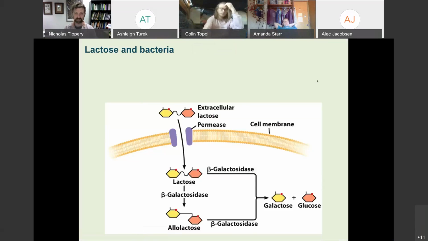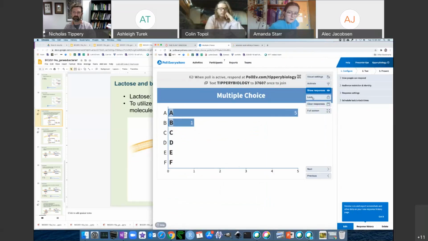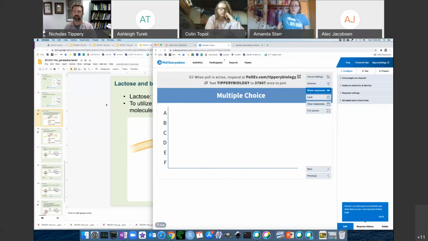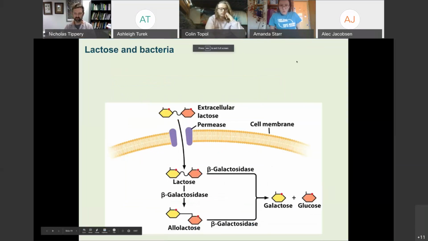So we covered some basics about the process. This happens over quite a few different genes in bacteria. And then we'll talk about a specific example here. And this is a very common example.